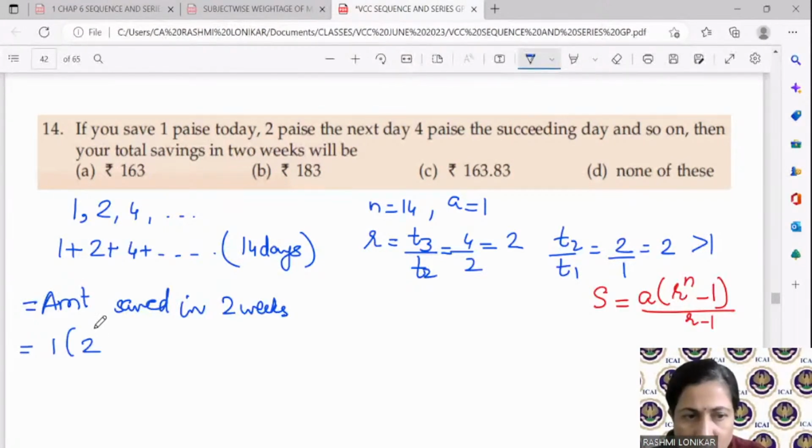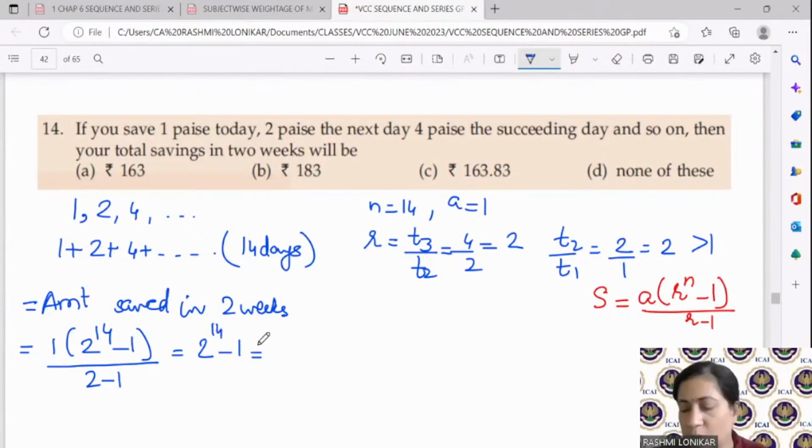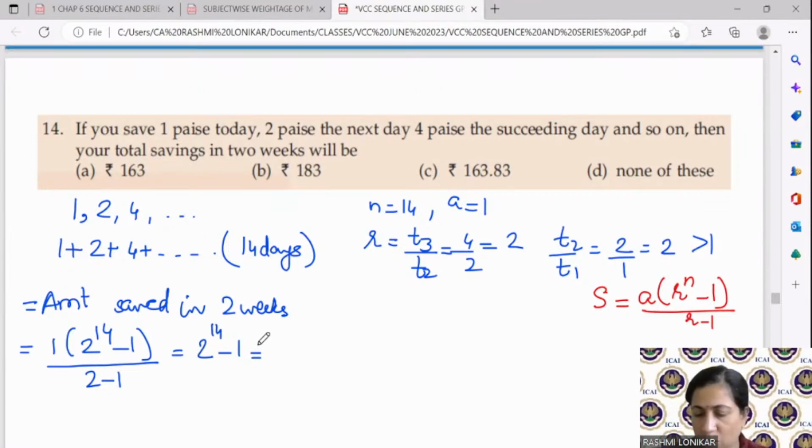So 2 raised to 14 minus 1 upon R minus 1, which is 2 minus 1, which is 1. So 2 raised to 14 minus 1. Now you have to be careful on the calculator: 2, multiply, equals, 1, 2, 3, 4, 5, 6, 7, 8, 9, 10, 11, 12, 13, 14.